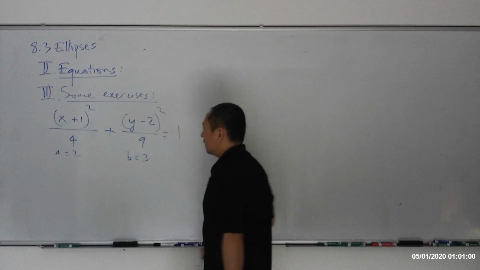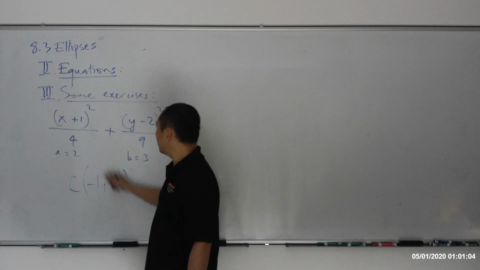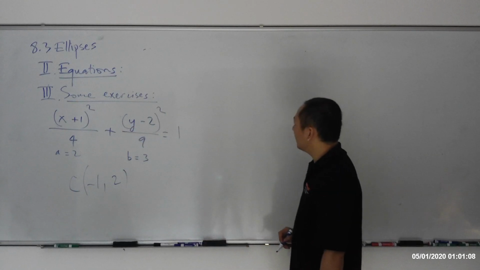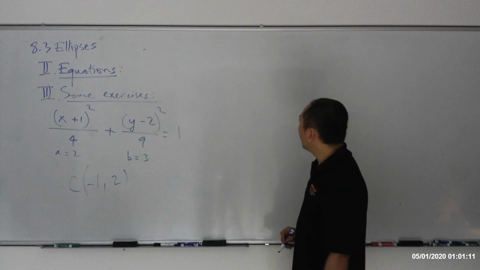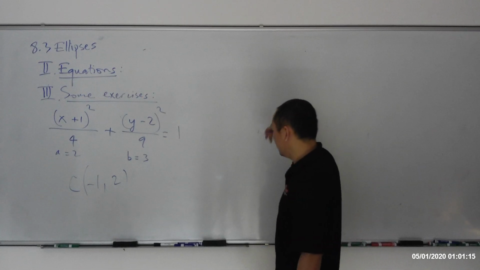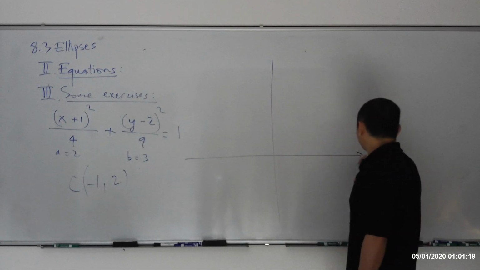Okay, and you know where the center is? The center is at -1, 2. h is -1 and k is 2. And with that much information, I claim we are good enough to sketch a graph of the ellipse. Alright, let's sketch a graph together.